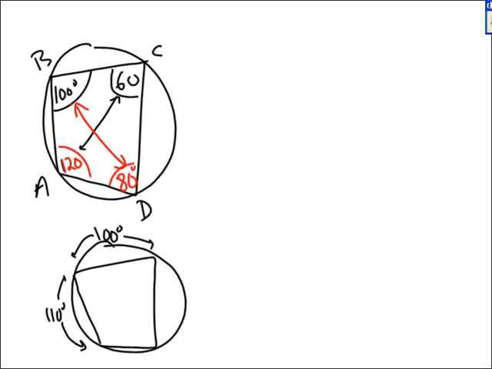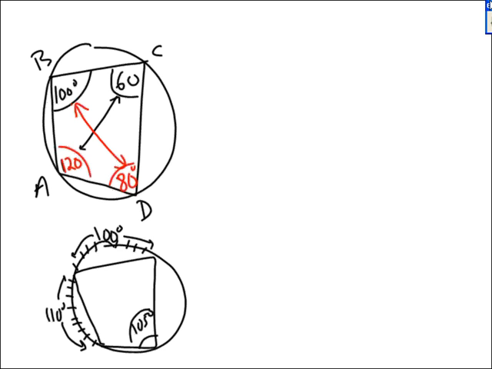And we want to find the 4 angles inside. Well, this angle cuts off a 110 plus a 100-degree arc. It cuts off a 210-degree arc. So it must be half of that, 105.